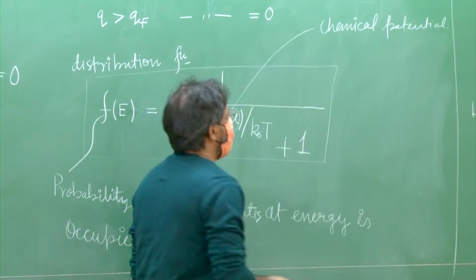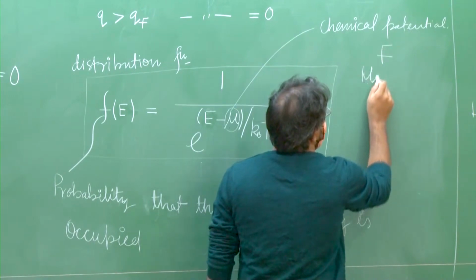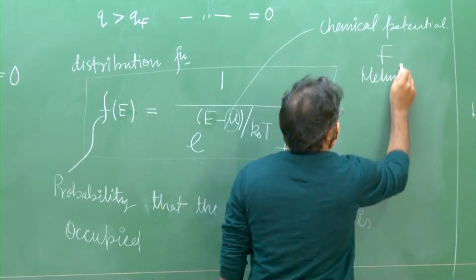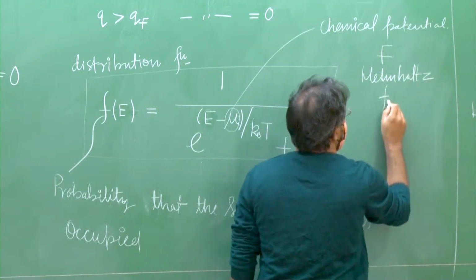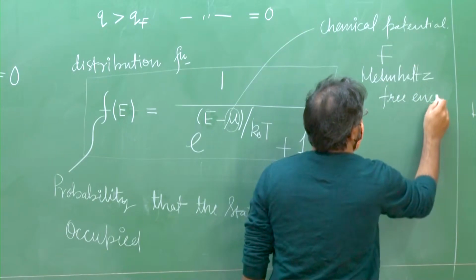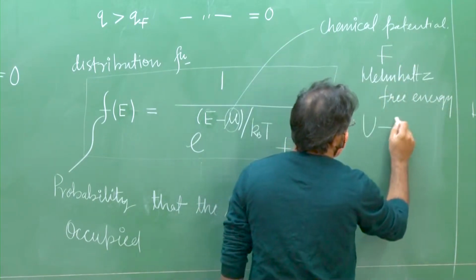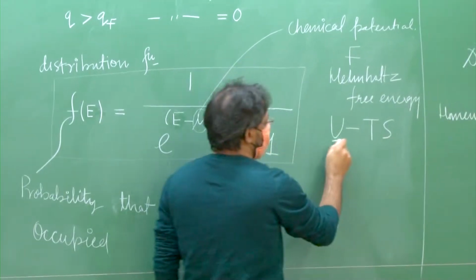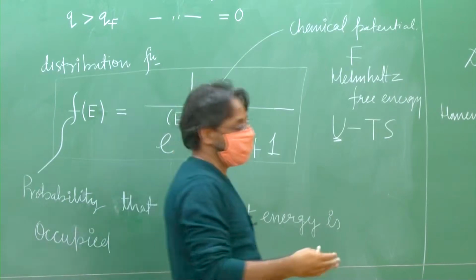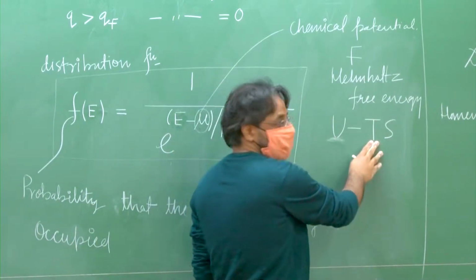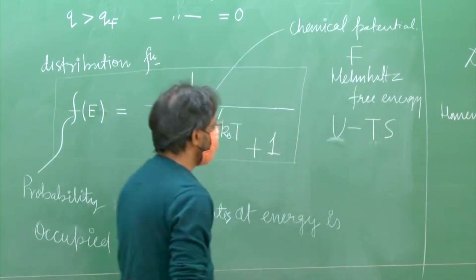Okay. So, if F is the free energy of your system, Helmholtz free energy, how do you write that? Helmholtz free energy is simply U minus TS, where U is the internal energy which we just calculated at 0 temperature, but not at non-zero temperature, and T is the temperature at which we are talking about the energy, and S is the entropy. Okay.